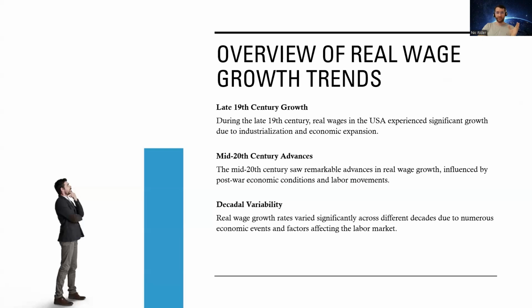Throughout the 1900s and the movement into the 20th century, we saw really strong economic growth and prosperity in the US. This progressive era brought about labour reforms and better working conditions for people. Real wage growth averaged around 2.5% annually, supported by increased productivity and technological advancements.